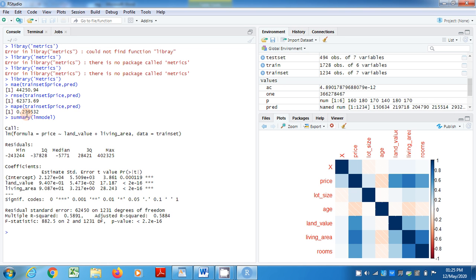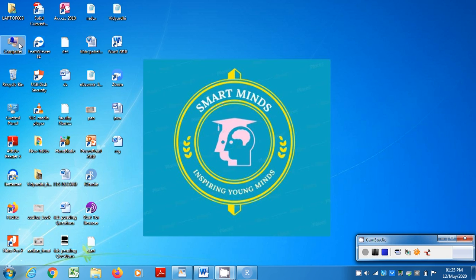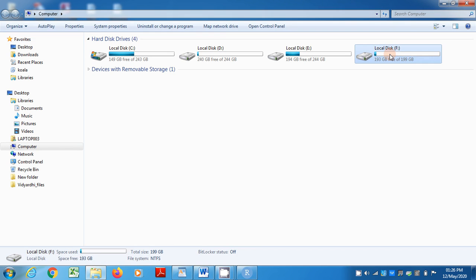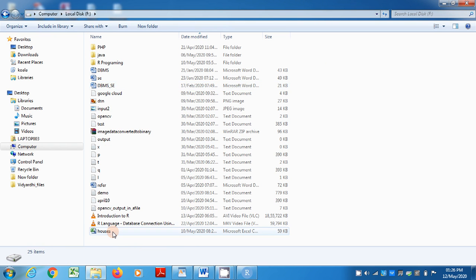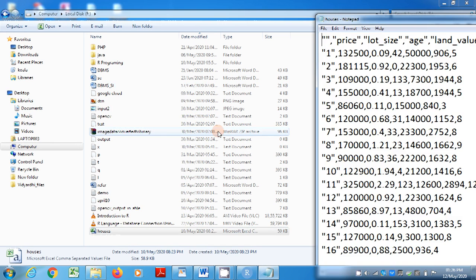I need to give a new data set. For that I will take the support of testing new values. Testing new values means I need to create a new data frame with new values.